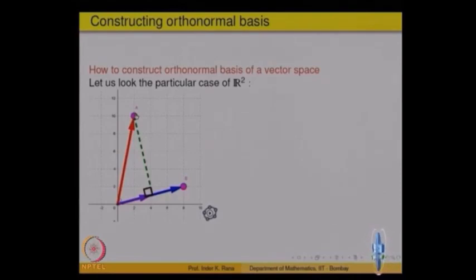Your shadow. So if I drop a perpendicular, then this is the projection, up to here. Now from this vector, if I subtract that, what will I get? This is one vector, this is another vector, I subtract, I will get this vector, by vector addition.